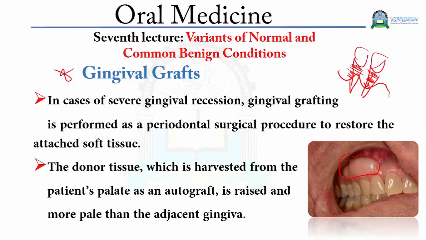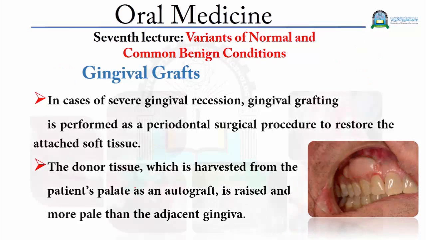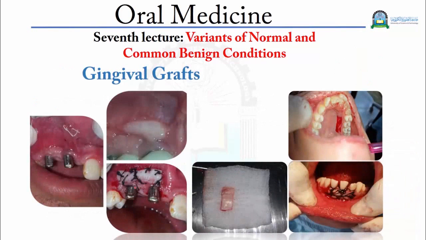One of the surgical procedures is to take donor tissue from the patient's palate and suture this tissue in this area. After the healing, this area appears as a skin or gingival graft, as we see in these pictures.